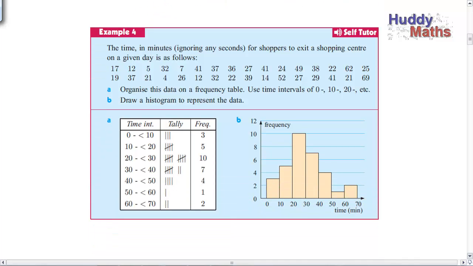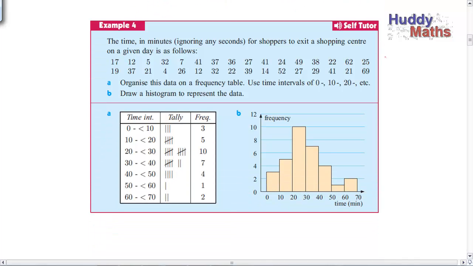Okay, come down and see what we can do. Here's an example. We've got a lot of data points here. The time in minutes for shoppers to exit a shopping centre. How long were they in there, in other words? People don't like numbers. It gets confusing. So let's organise the data into a frequency table. And look at this representation here.